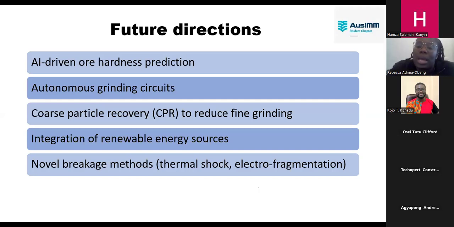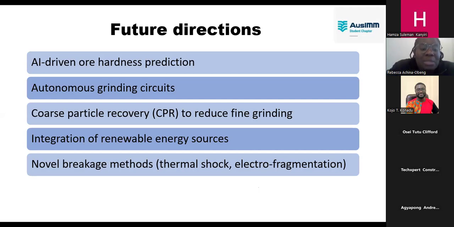So we can also look at the introduction of solar, wind, and other energy storage systems, because it is increasingly becoming important, especially in countries like Ghana, where electricity is quite expensive. Grinding is one of the most power-intensive steps in processing, and aligning power supply with renewables can drastically reduce both operating costs and carbon footprints, especially in regions with high electricity costs like Ghana, as I mentioned.